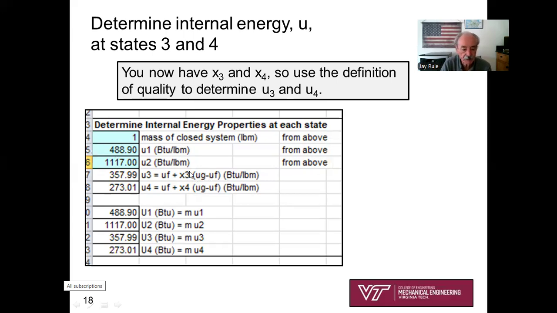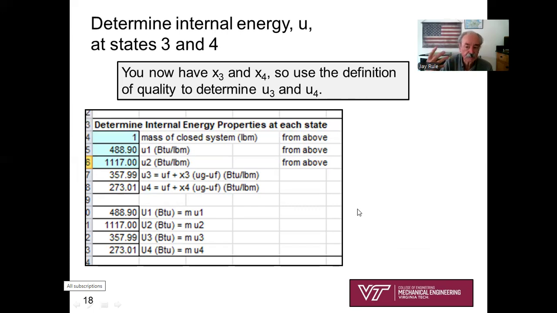I apologize that I didn't write down from above what X3 was. It seemed like it was about 0.01. U4, same type of idea. We just found X4 from the previous slide, and so we're going to just plug and chug to get values of U3 and U4.